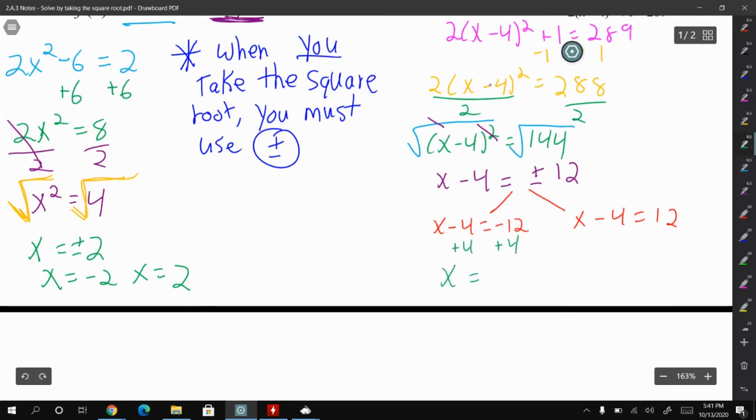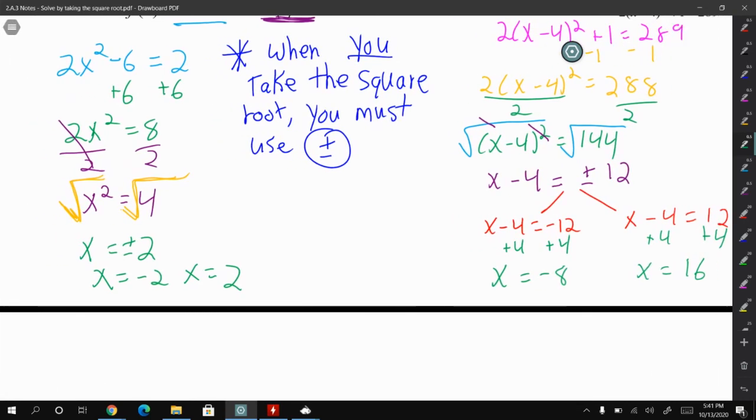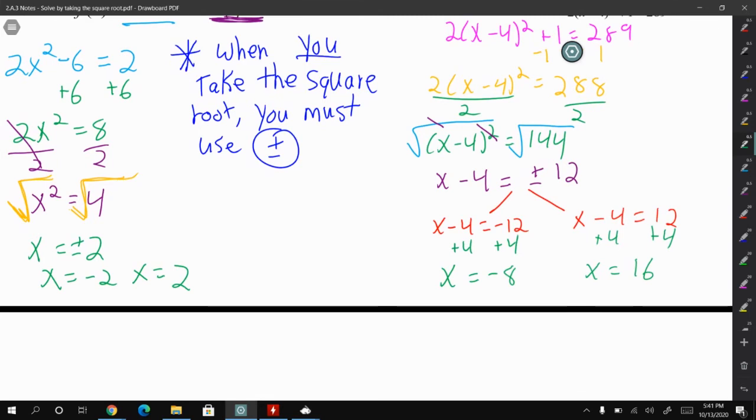We get x equals negative 8 and x equals 16. So these are the two solutions we have. Like in example number 1, where it was just plus or minus 2, don't think that it's always going to be plus and minus that same number. Here the answer was not plus 12 or minus 12. We had to deal with this minus 4 here.